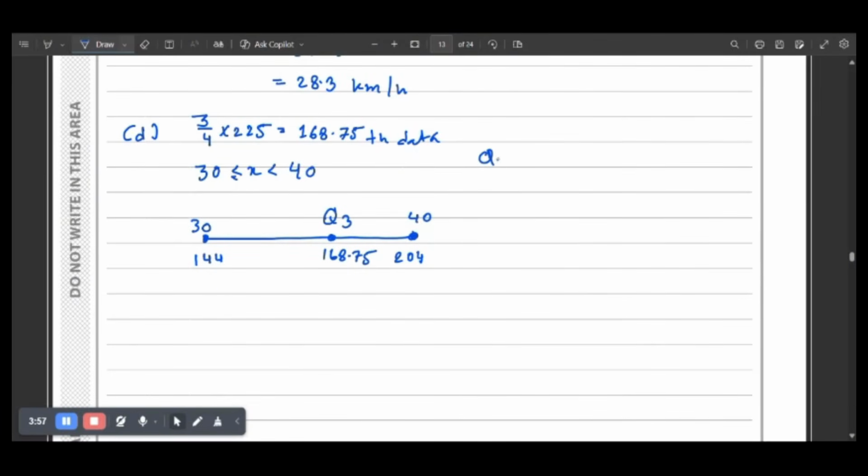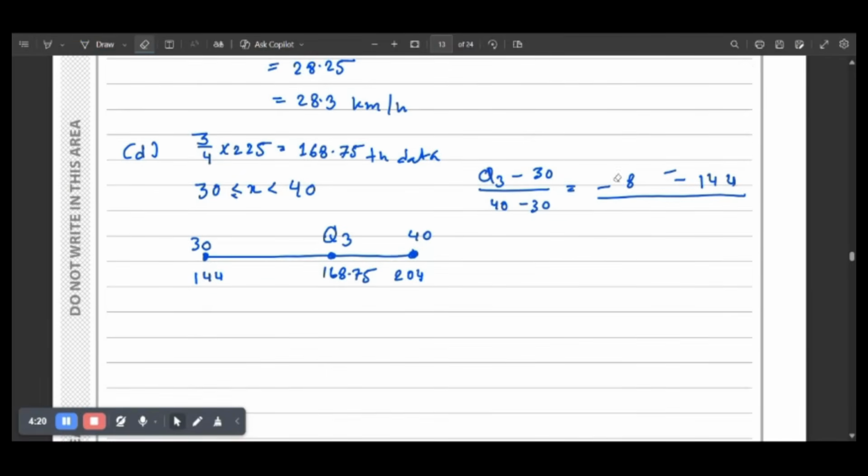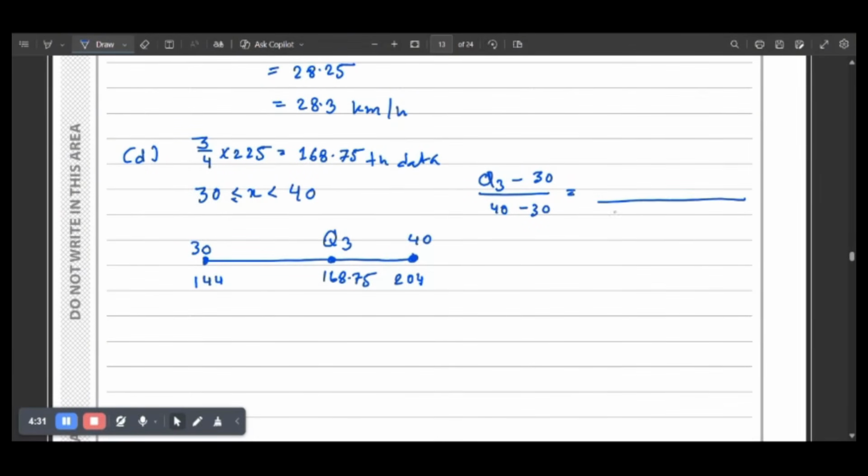So we can write now that quarter 3 minus 30 divided by 40 minus 30 will equal 168.75 minus 144 divided by 204 minus 144.